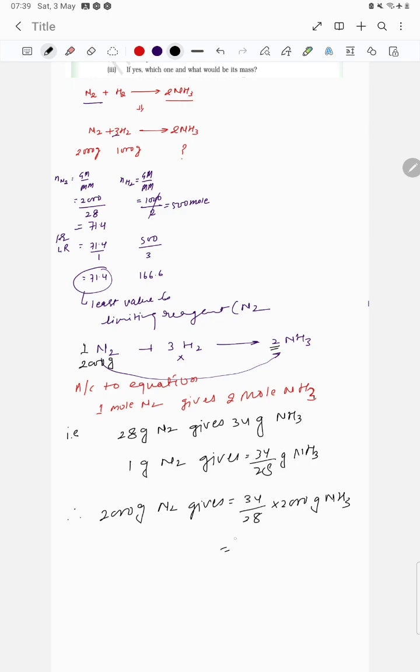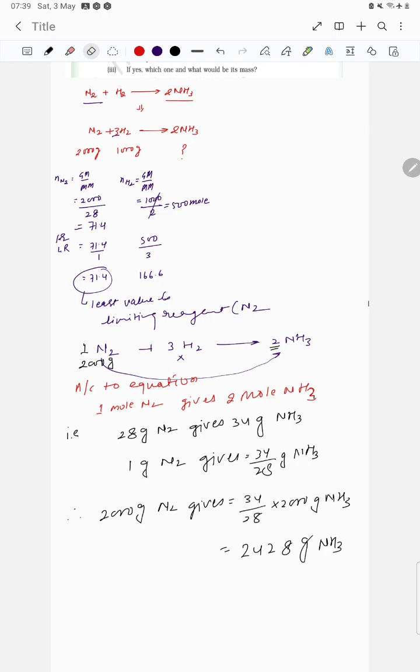So dear student, let me solve this one. 34 multiplied by 2000 divided by 28, it is coming 2428 gram NH3 is going to be produced, student, right?